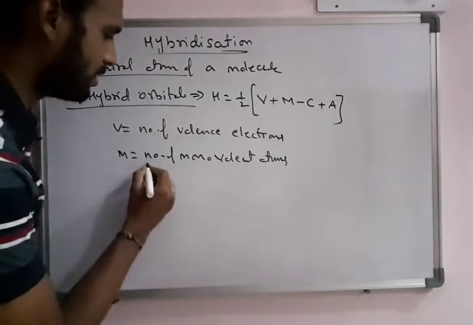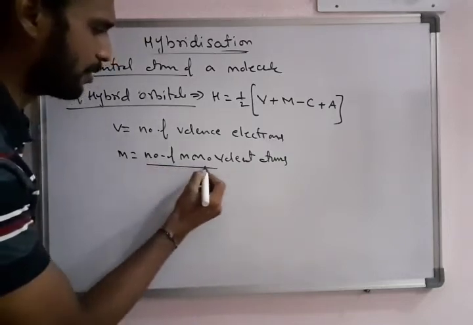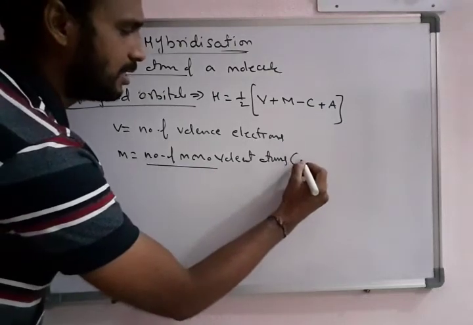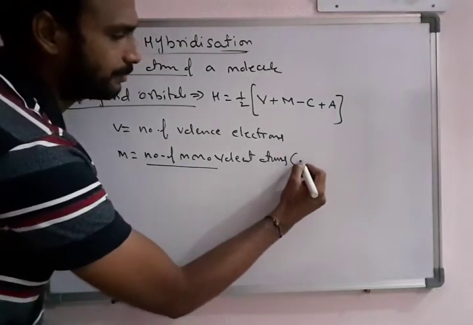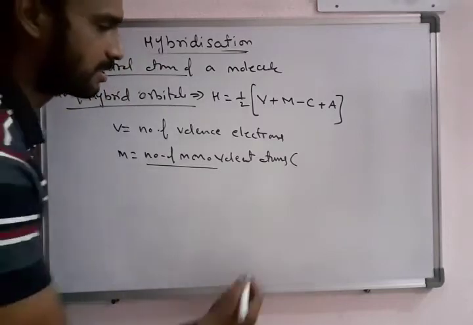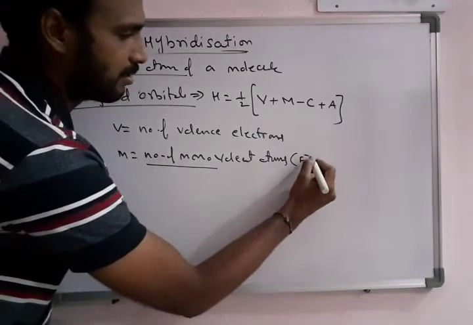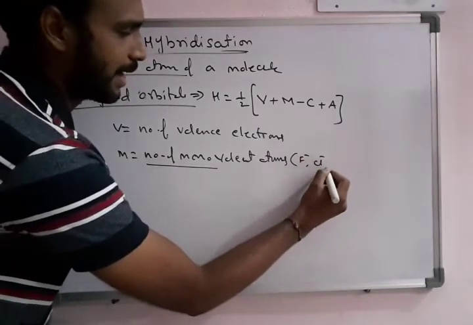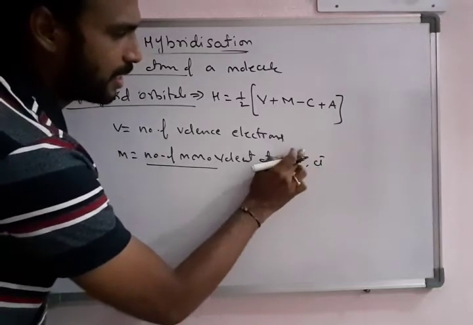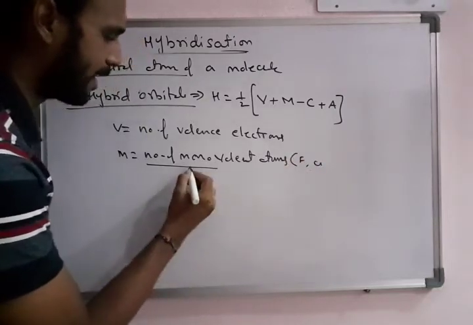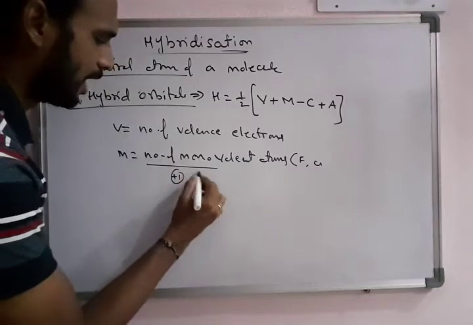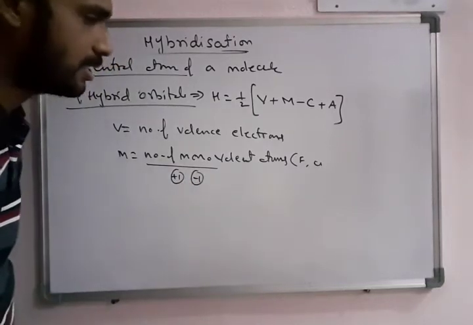What is the meaning of the number of monovalent atoms? It means atoms which have a plus one or minus one valency. You know all halogens, fluorine minus one, Cl minus one. Monovalent means those having plus one or minus one state.